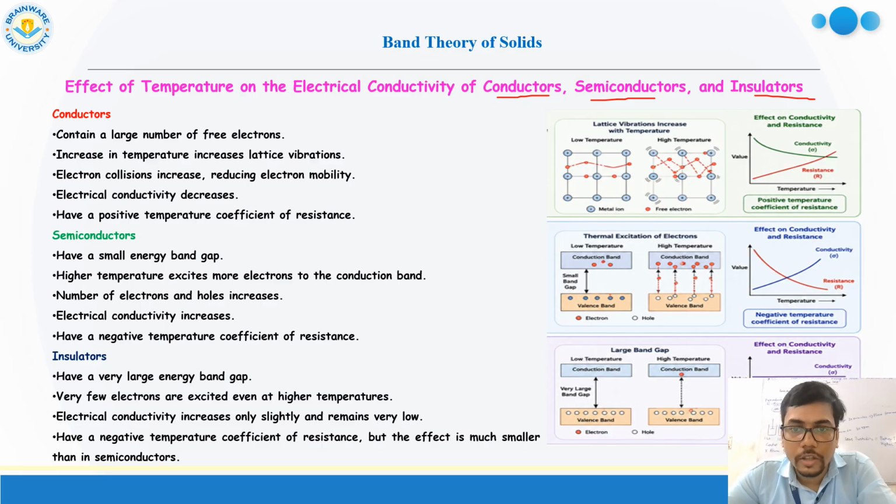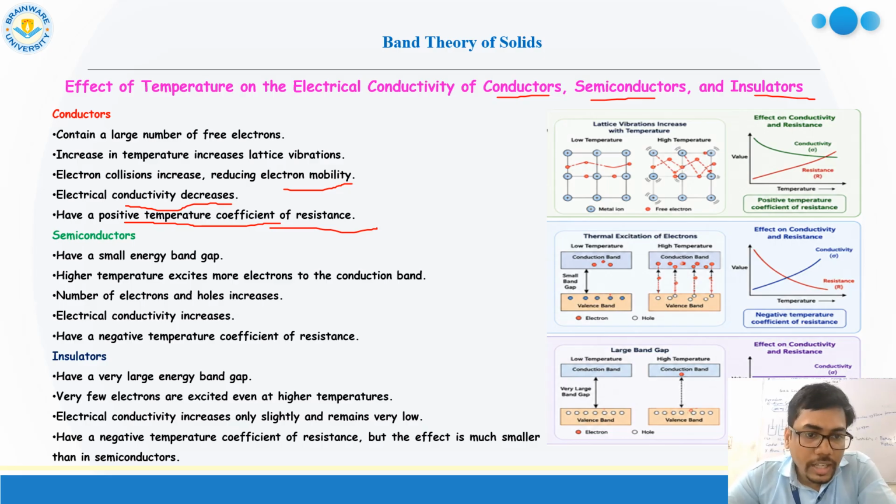So the free electrons present inside the crystal collide with the atoms of the crystal, so there must be some scattering. That's why the speed or mobility of the electrons will reduce. That's why electrical conductivity decreases, or you can say resistance increases. So in the case of a conductor, with increasing temperature, electrical conductivity decreases, or you can say it has a positive temperature coefficient of resistance. In simple terms, resistivity increases, or obviously conductivity decreases.